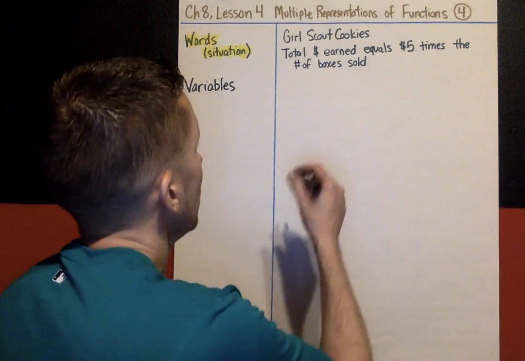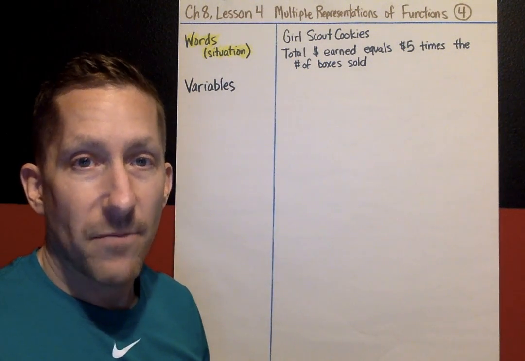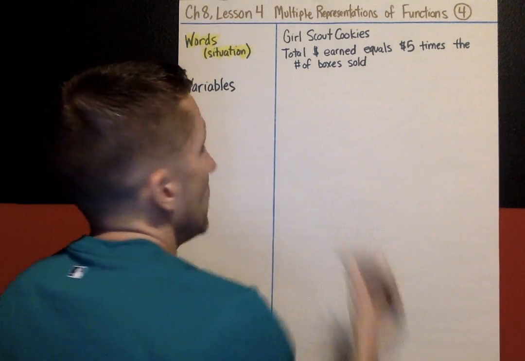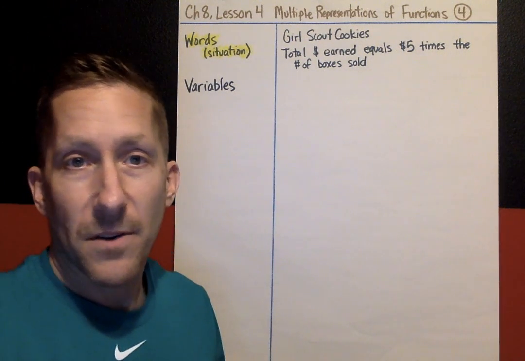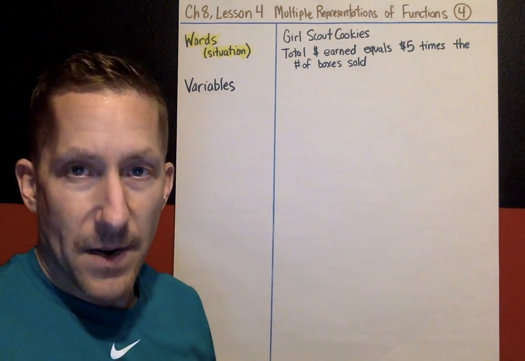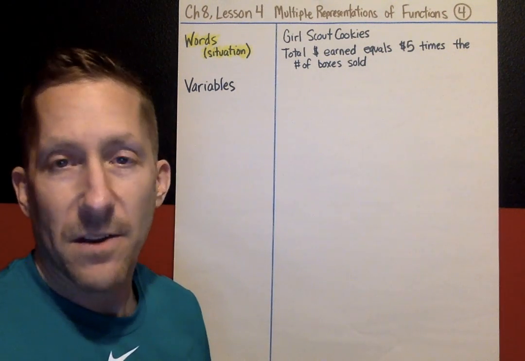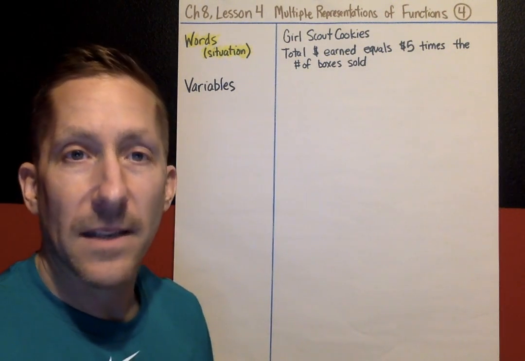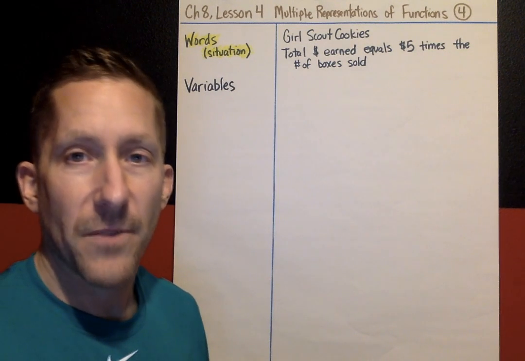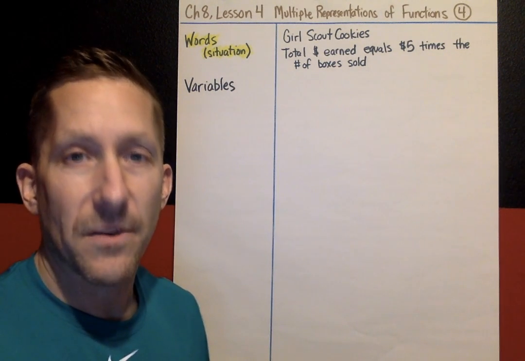I'm going to make up the variables B for number of boxes of cookies sold, but I might have said C for number of cookies. And for total, I'm going to put the T for total, but I could have used M for money. Unless it gives you the variable to use, you're free to assign whatever letter you want, as long as you're defining it.